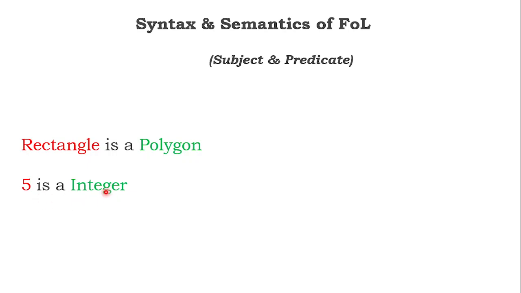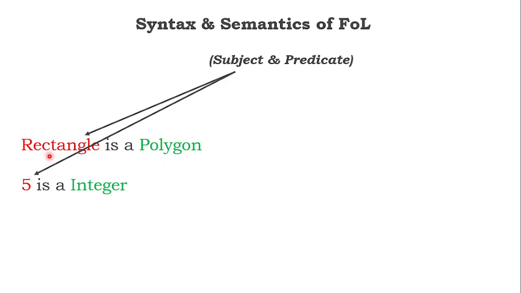Rectangle is a polygon, which means I am going to talk about whom? Rectangle. And who is this rectangle? It is a polygon. 5 is an integer. Who is 5? 5 is what I am going to talk about. We call it the subject. So in these two statements, rectangle and 5 are the subjects.